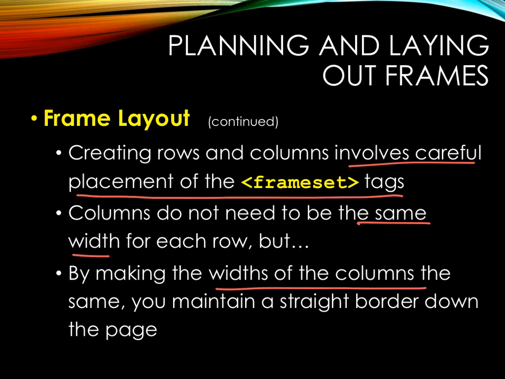For example, if you have 2 columns, you don't have to have things that are the same. You could have something like that if you wished. However, that looks a little bit silly. So by keeping some consistency and having them all be the same, that makes your web page look a little bit nicer most of the time.